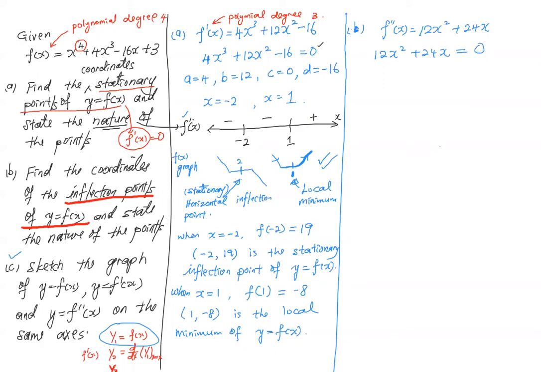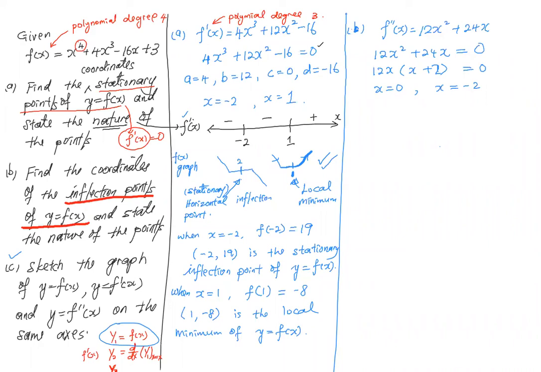You are going to factorize it, or you can put it into your scientific calculator also. Your A is 12, your B is 24, your C is 0. If not, this one is quite easy to factorize. Correct? So you get two values of x, 0 and x equal to -2.